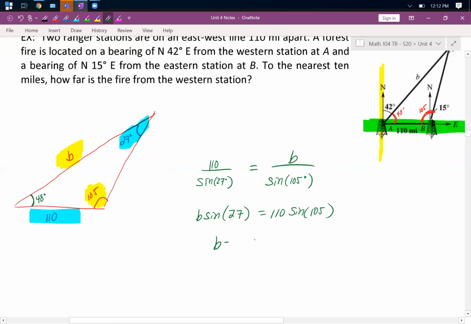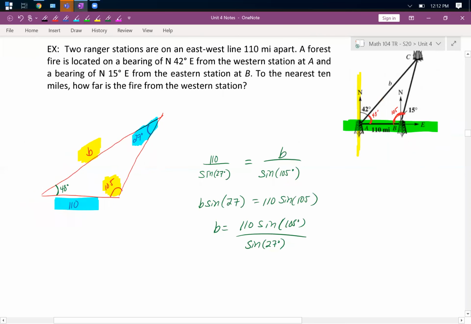We get b to be 110 sine of 105 degrees divided by sine of 27 degrees. And we're going to pop it in our calculator and then round to the nearest 10 miles.